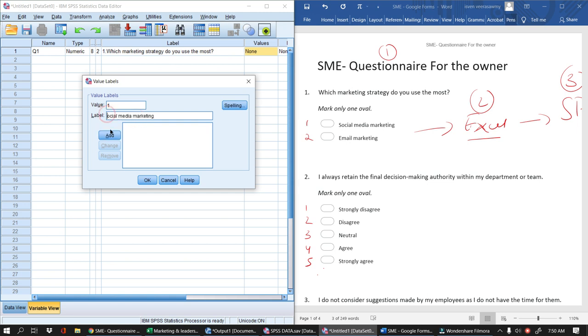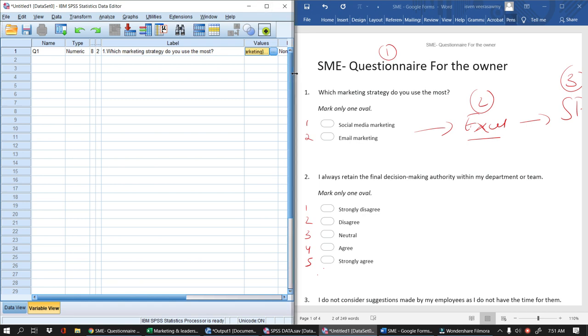So value 1 corresponds to social media marketing, and you click on add. So you have added this coding into SPSS. Number 2, which depends on the number that you have assigned over here, is simply email marketing. So you copy and paste email marketing over here and add.